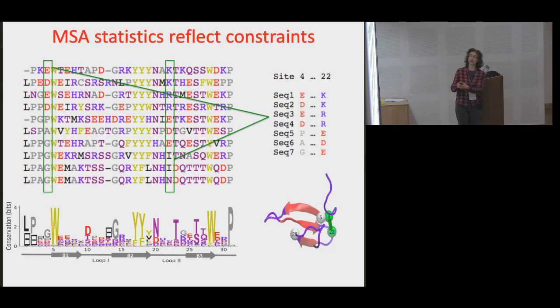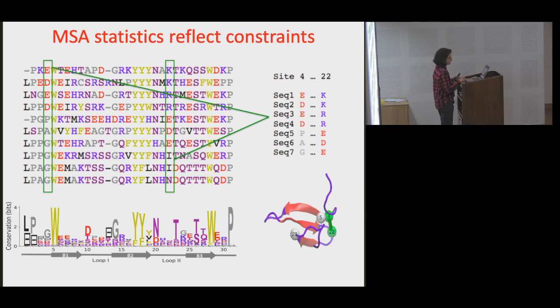These two sites are indeed in contact in the three-dimensional structure of the protein and show correlation, in the sense that if one site is charged negatively, the other must be charged positively. Or sometimes tiny amino acids on one side are correlated in the multi-sequence alignment with these negatively charged amino acids.